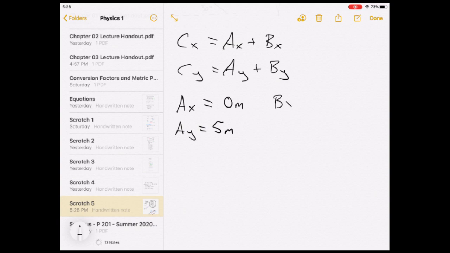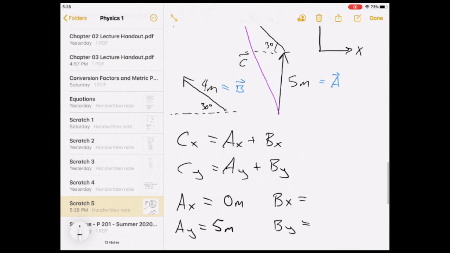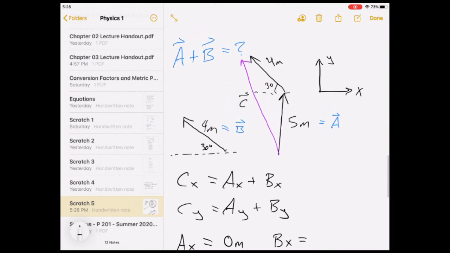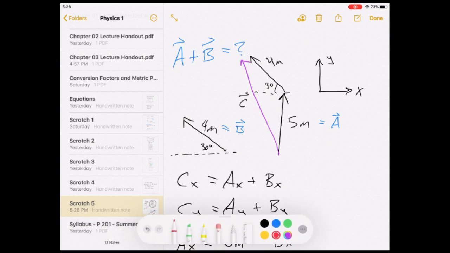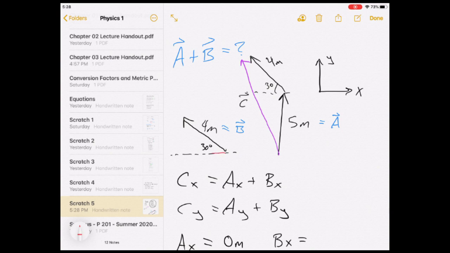Let's do B sub X and B sub Y. I can actually see, like I said, I like to just draw the right triangle. So B sub X is this thing, and B sub Y is that same thing. So here's B sub X, here's B sub Y. B sub Y is definitely positive.